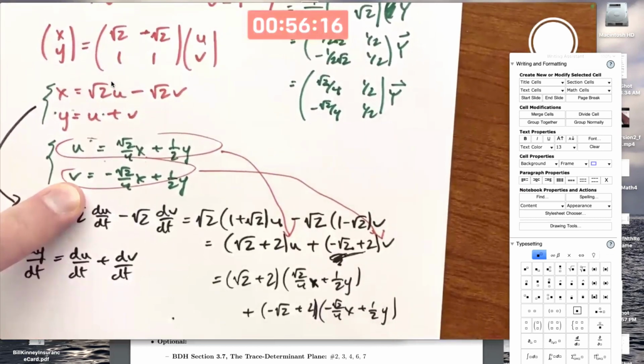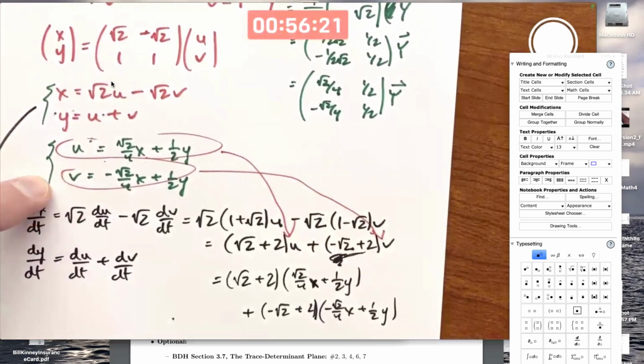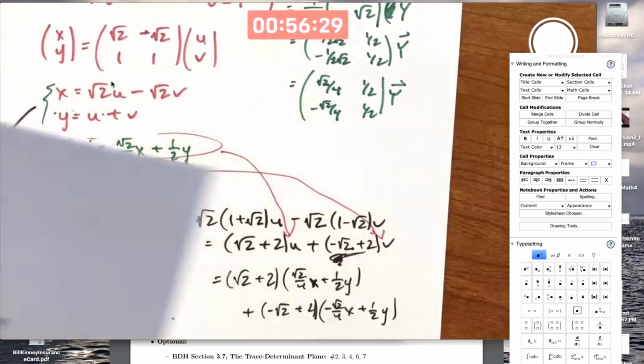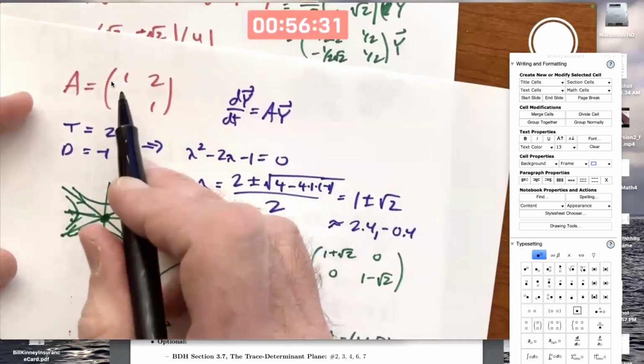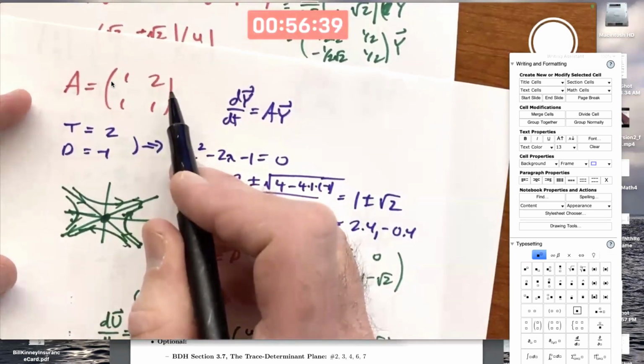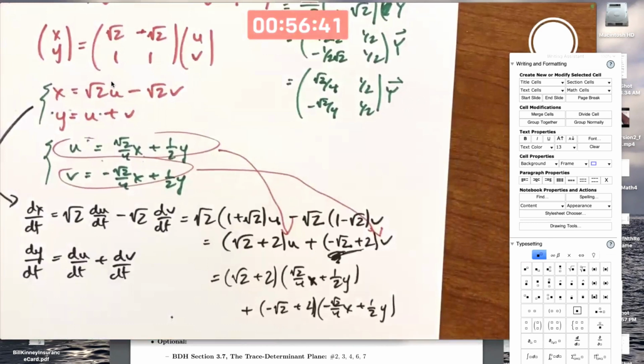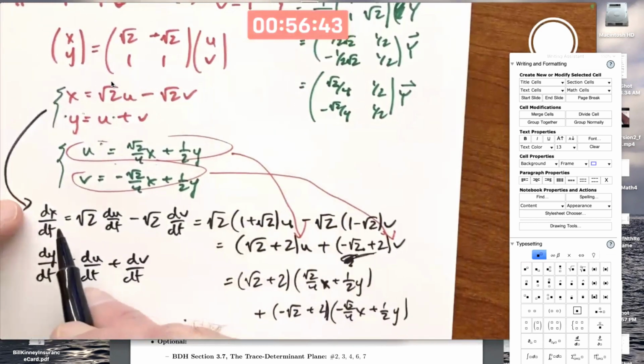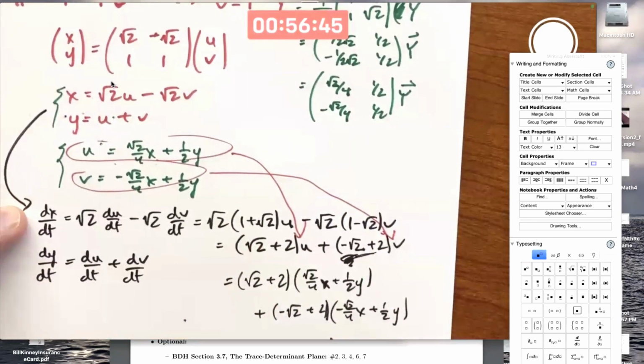If I've done things right and haven't made a mistake so far, this is going to simplify very nicely, and I can predict what it's going to simplify to without actually doing it yet. I predict it's going to simplify to x plus 2y, the first column of the A matrix times the vector xy, because that is supposed to be dx dt's equation. Let's see if it happens.